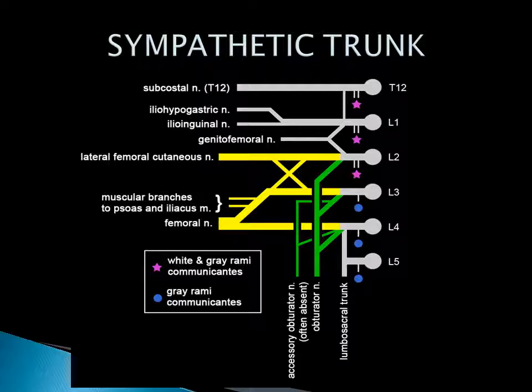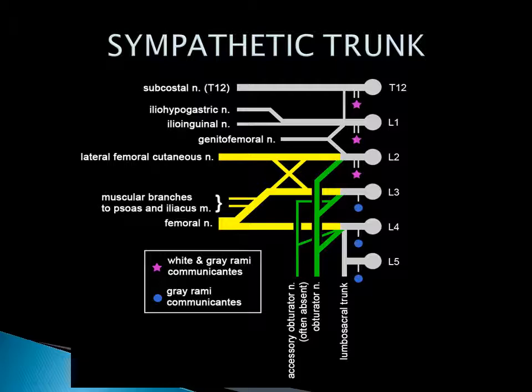And below L2 we only see gray ramus communicantes. So what does that tell us? That tells us that below L2 there are no more preganglionic motor neurons traveling in the sympathetic chain. They're only postganglionic neurons, and these postganglionic neurons exit the sympathetic chain through the gray ramus communicantes and then travel along with the spinal nerve root to their point of destination.